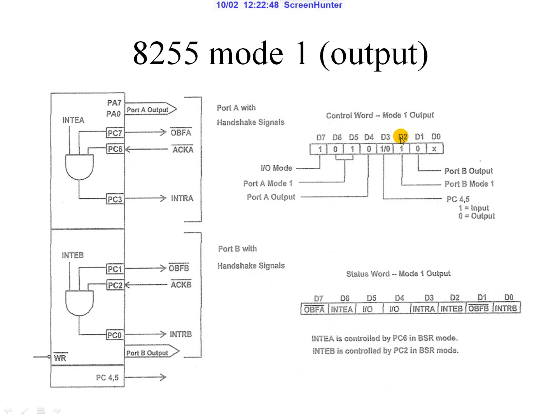The D1 pin is given as 0 for port B, and D2 is going to be 1, so Mode 1 is selected and port B is going to be used as an output port. So this has been selected here, and port C pins 4 and 5 are going to be used as input or output. So this can be programmed for this particular operation.